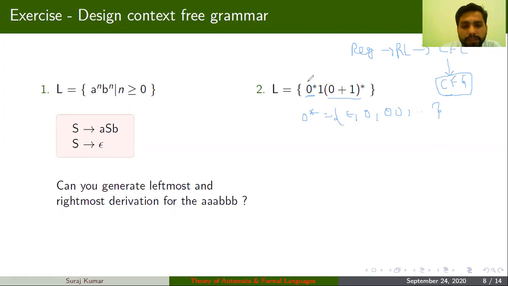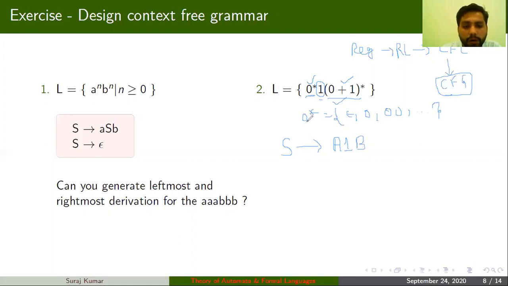So I can consider these two parts as variables, and this one is fixed, so I can consider it constant. Suppose my starting symbol is S. This is a variable, so I give it as A, and this is constant, so I write it as it is, and it will never change. This is also a variable that can generate many strings, so I write B for it.